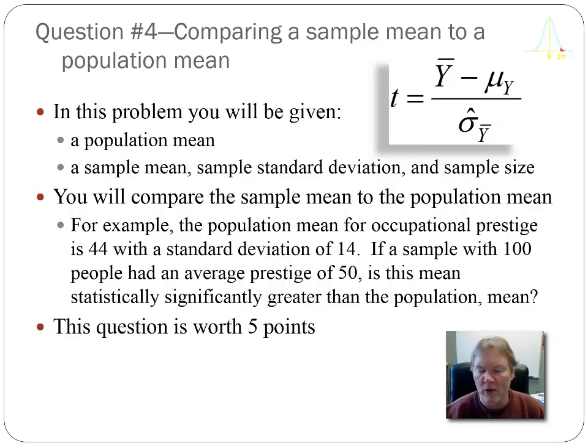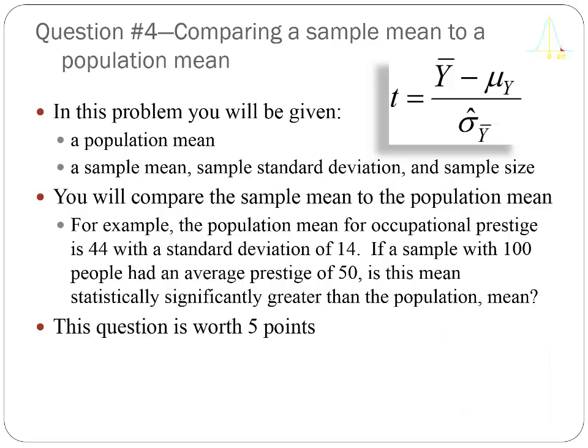We know it's not z because we don't have the population standard deviation, but we know that t is mathematically related to it, so we'll calculate t and make a decision about how large that difference is. You need to use the t-table and make certain you understand how to use it. Notice here that I have a relatively large sample of size 100.